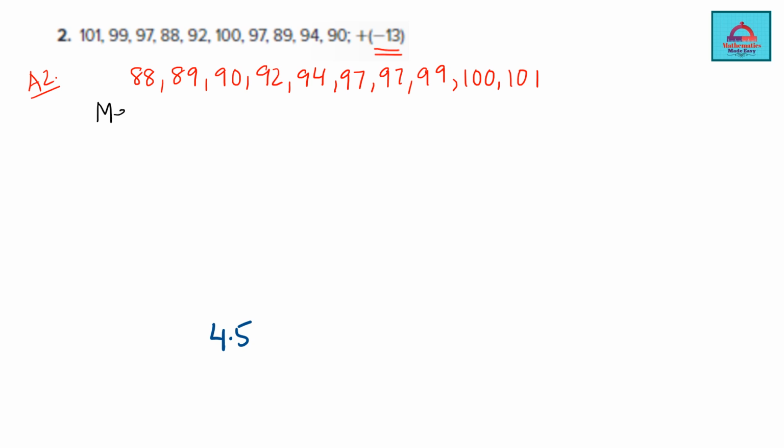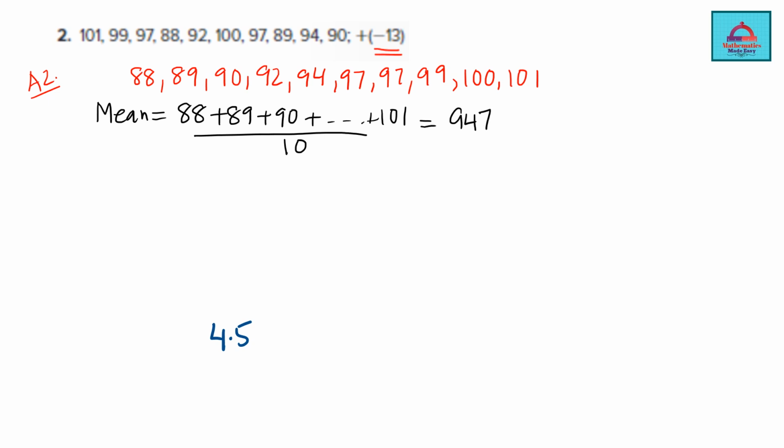Now we'll find the mean. Mean is add all the numbers and divide by the total numbers. So you are going to do that. And when you simplify, these are all 10 numbers. So this comes out to be 947 divided by 10. So 94.7. That is your old mean.